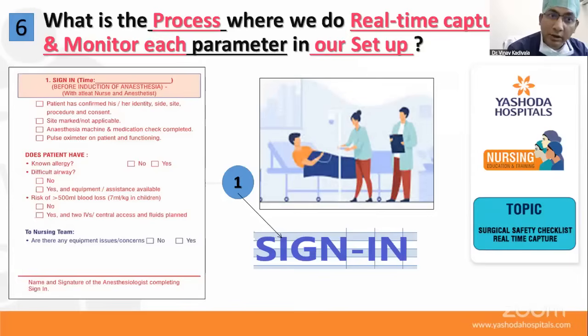Either the operating site was not marked or it was marked on the opposite side. Unfortunately, we had previous instances of patients being operated on the wrong side. Fortunately, once this safety checklist was applied properly, we had almost zero instances. So this system works. It enhances patient safety tremendously.